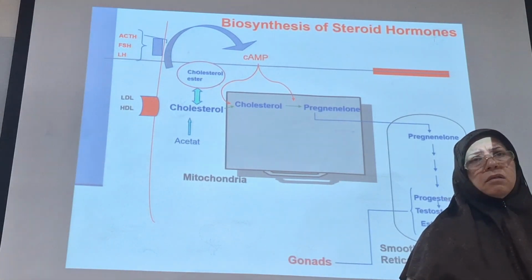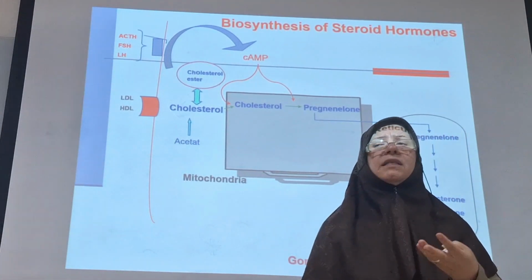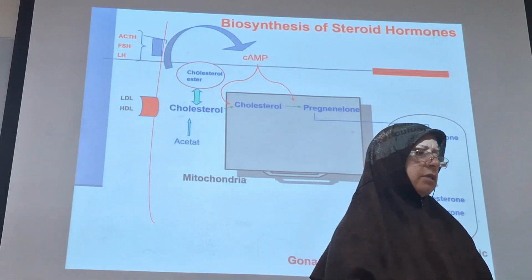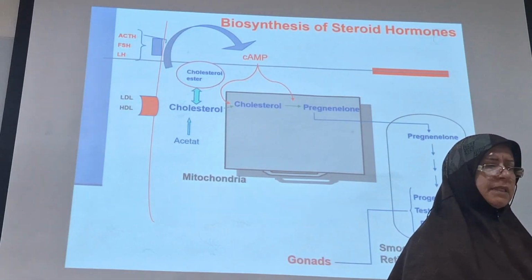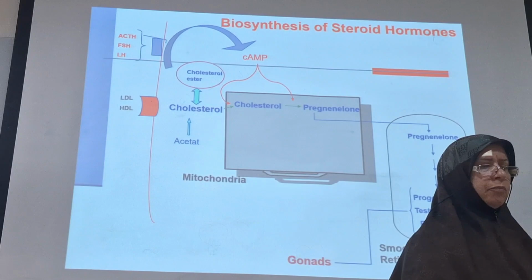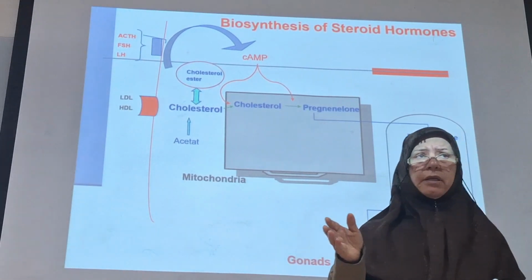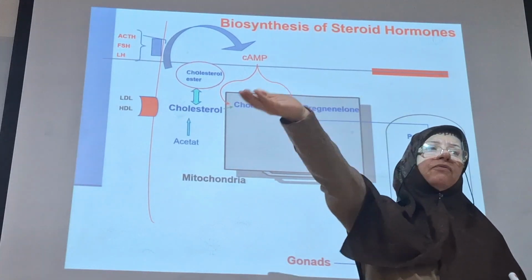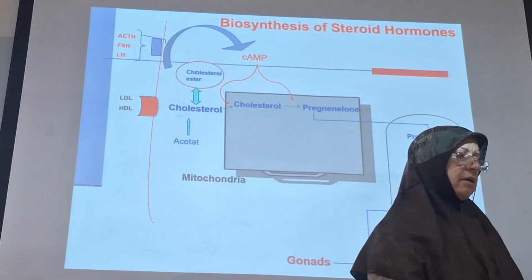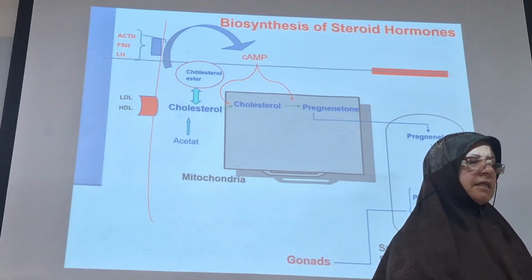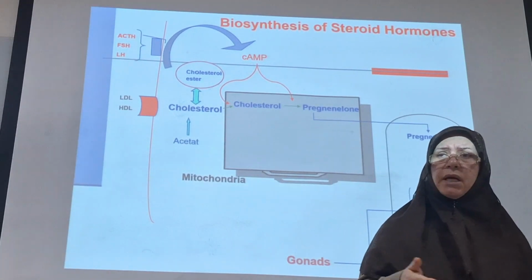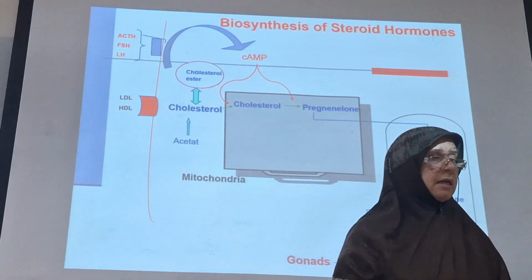In gonads, the ovaries and testes, sex steroid hormones are produced inside the SER. After production, they are lipid soluble, so they diffuse through the SER membrane and cell membrane and go out of the cells.